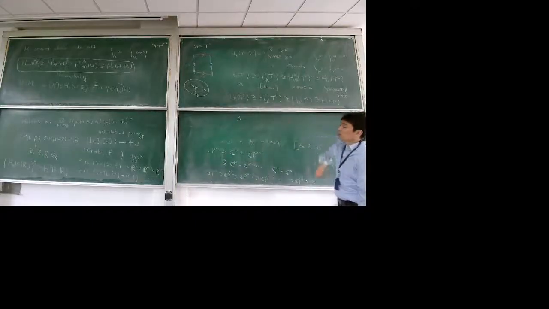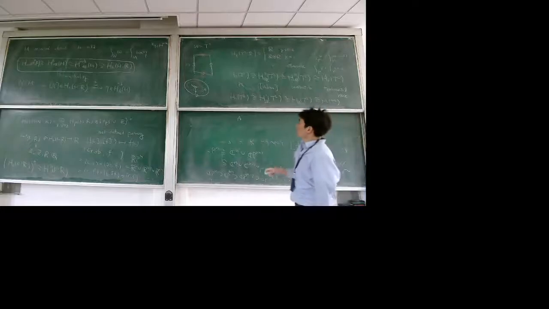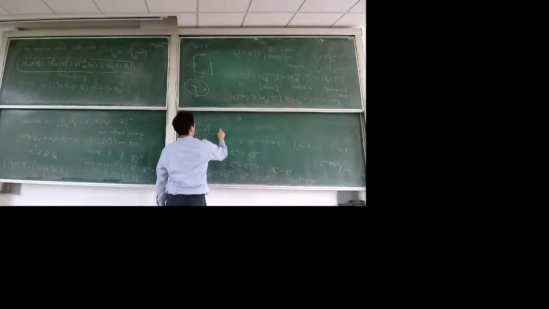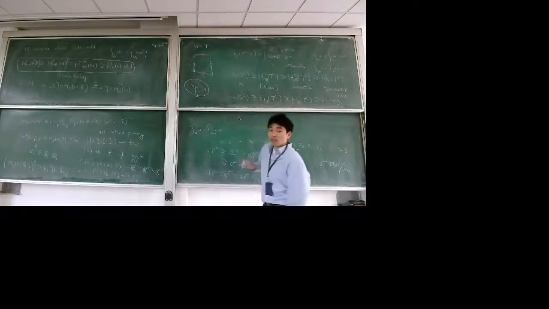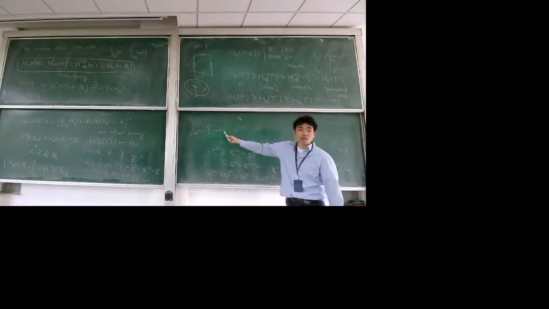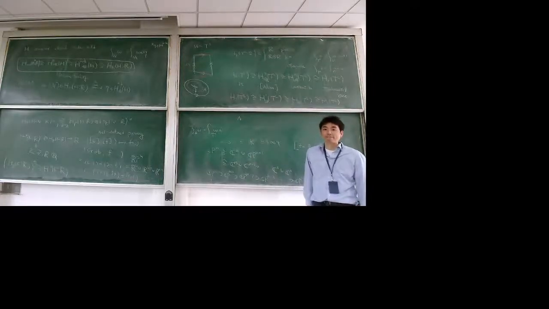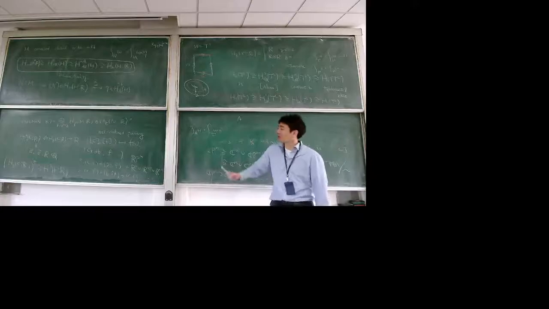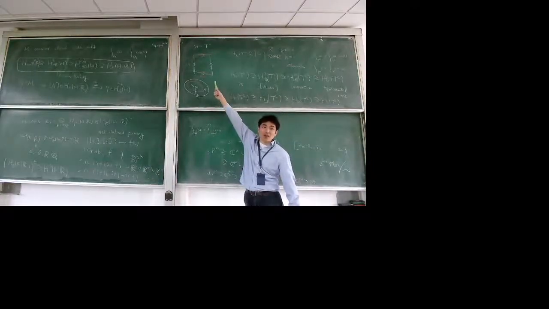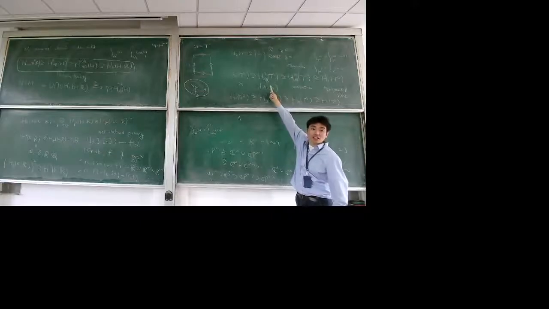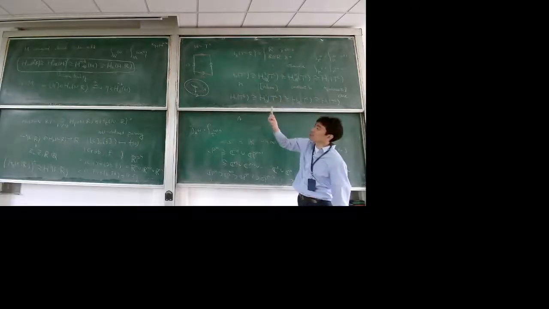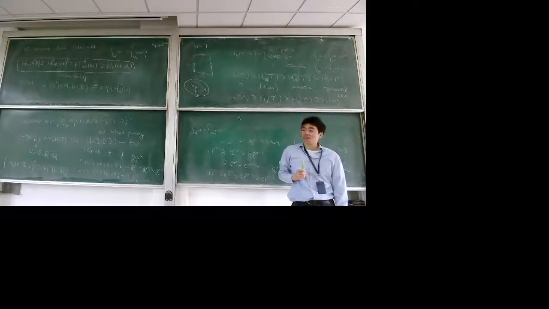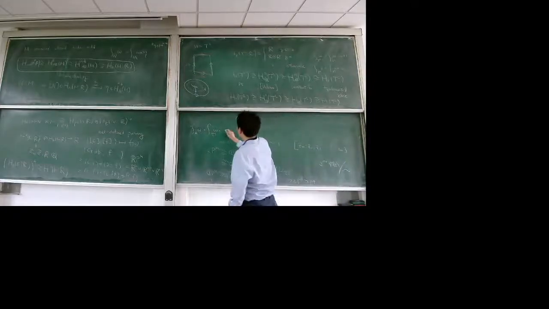What is the Poincare dual of A? The integral of A of omega equals the integral over T2 of omega wedge something. What is the dual of A? Either dx or dy, because H1 is generated by dx and dy. Which one should come here? It should be dy.